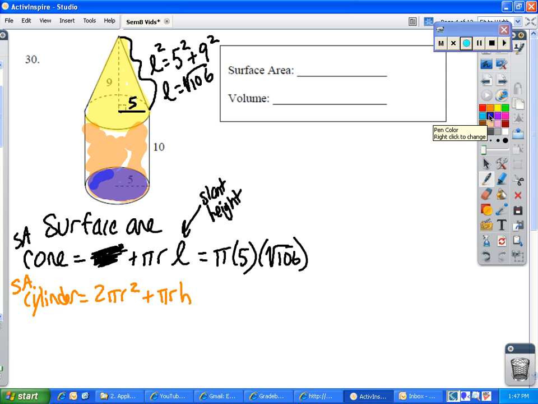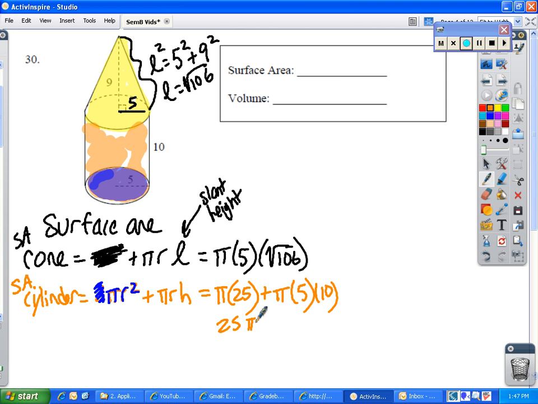There's really only one base that's visible, so I'm going to say that that's pi r squared. And then the sides of the cylinder, that's that pi r h. So let's put that together. We've got pi r squared for the base, that's 25, that's 5 squared, plus pi r is still 5, and the height of the cylinder is 10. So this is 25 pi plus 50 pi, which is 75 pi.